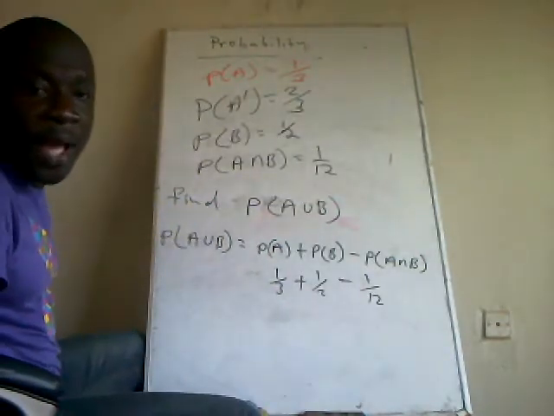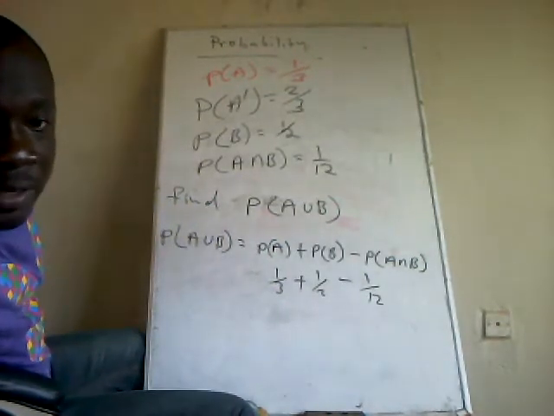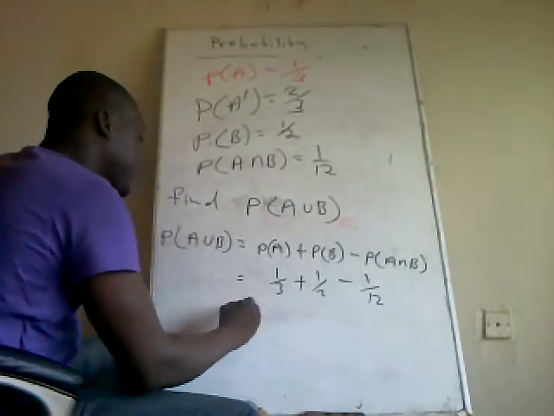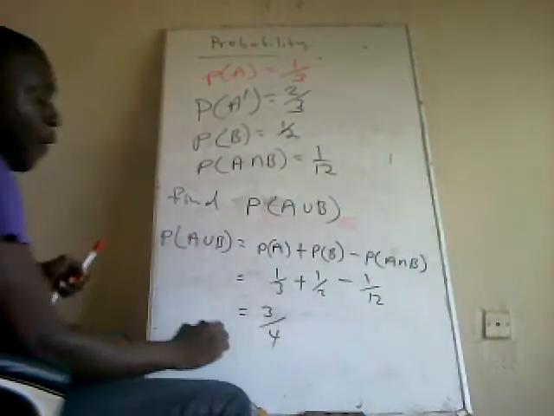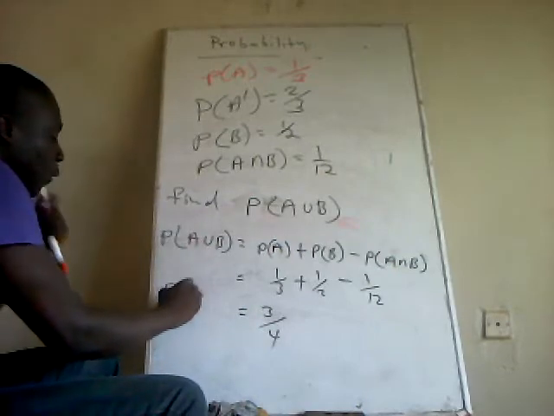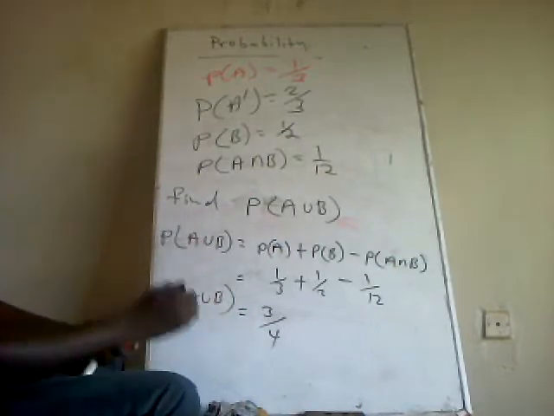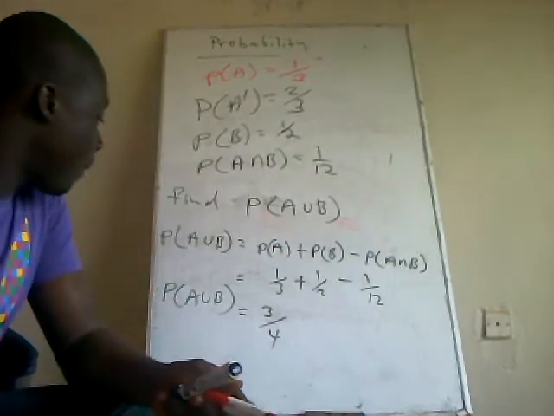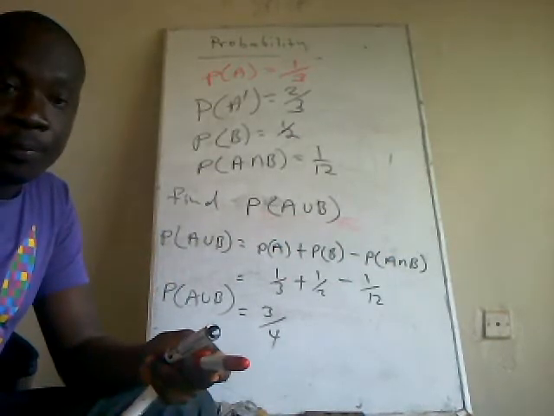And if we simplify all this, we are going to get 3 over 4. So it means that the probability of A union B is equal to 3 over 4.